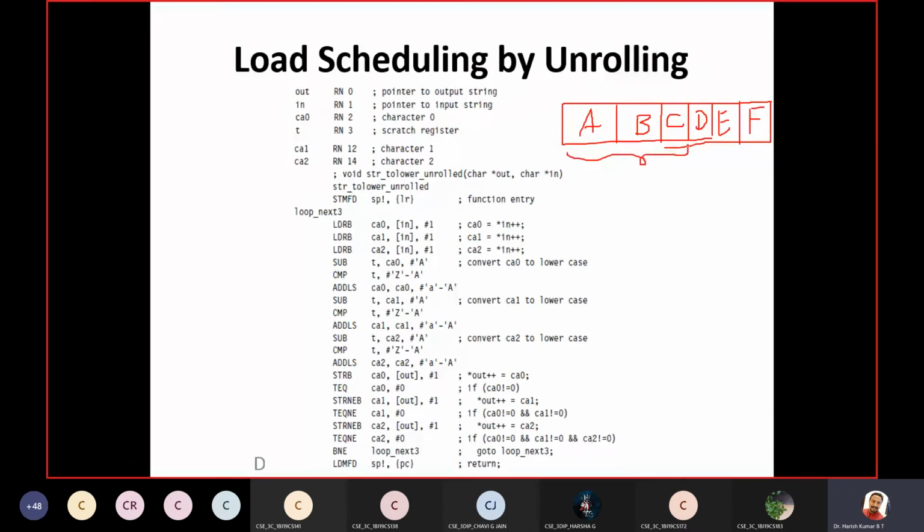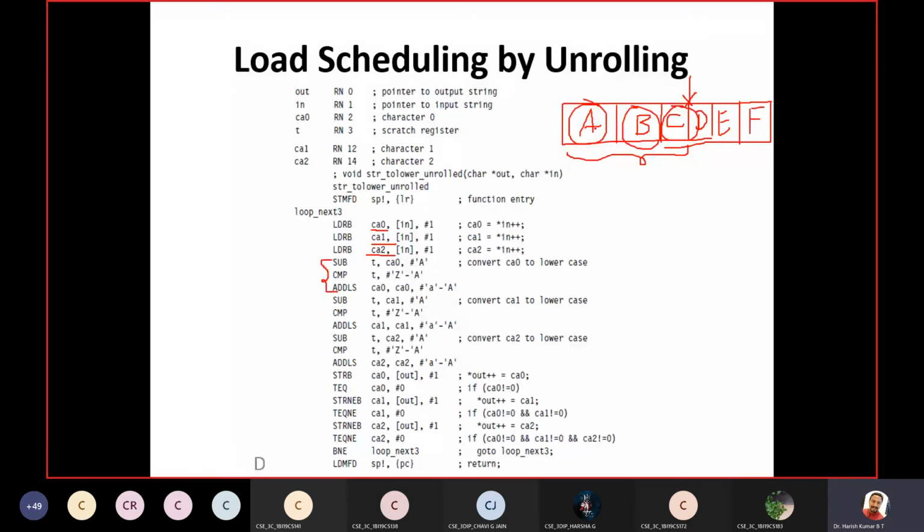That means BNE is used only after 3 iterations. See here. First, I'm loading the first character to CA0, the second character to CA1, and the third character to CA2. Next, I do the comparison and subtraction to convert from uppercase.